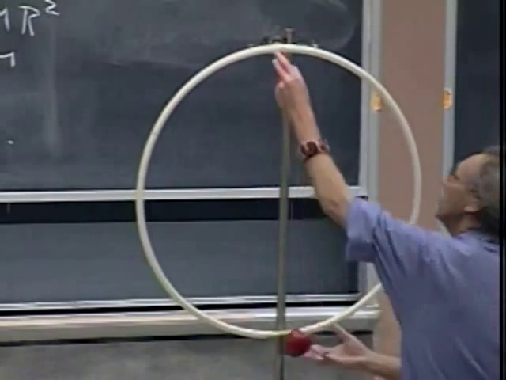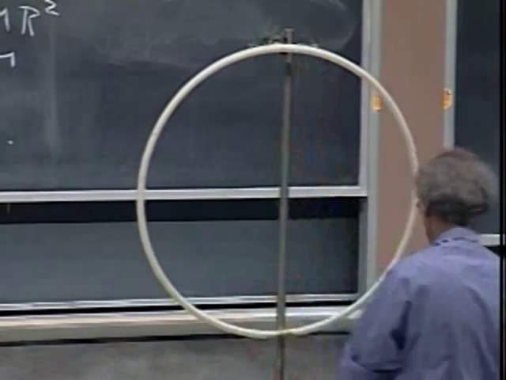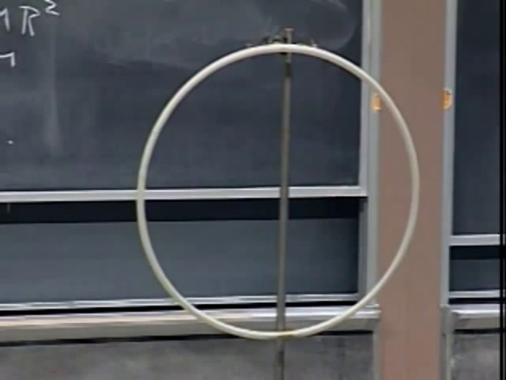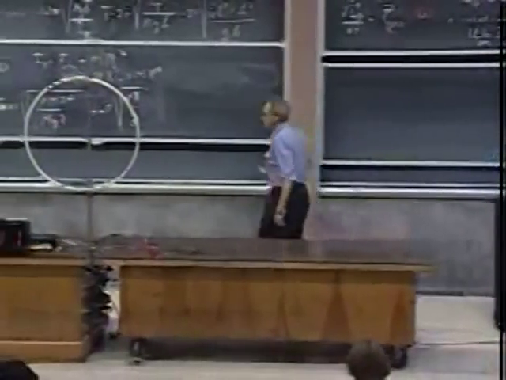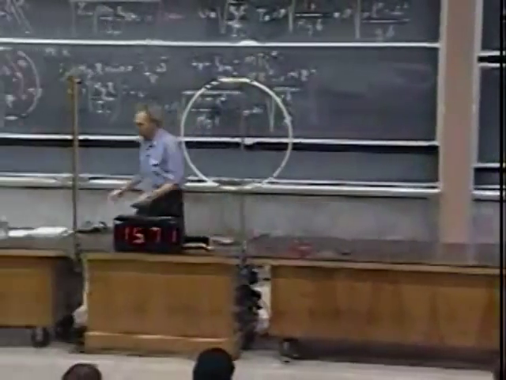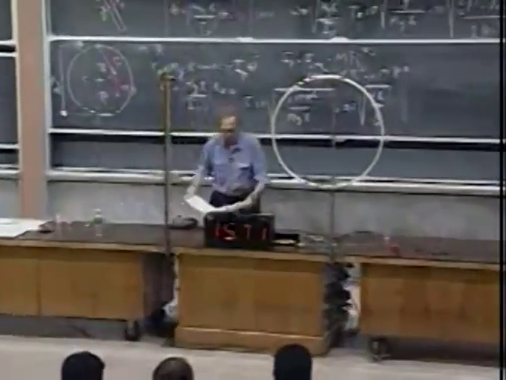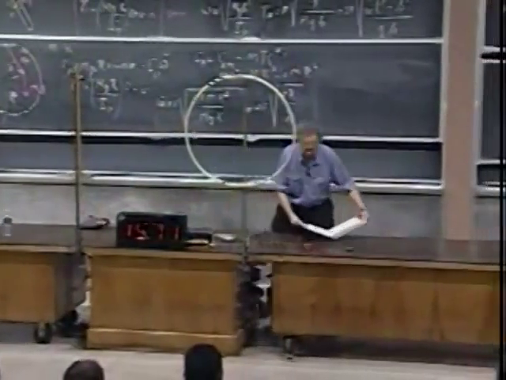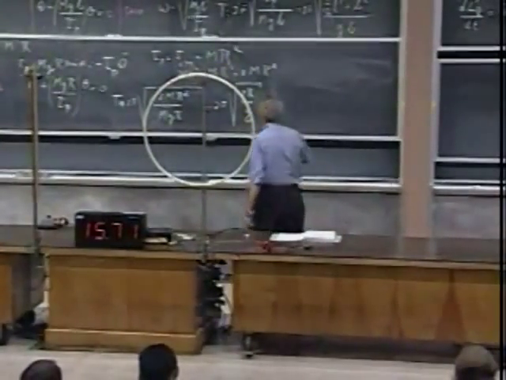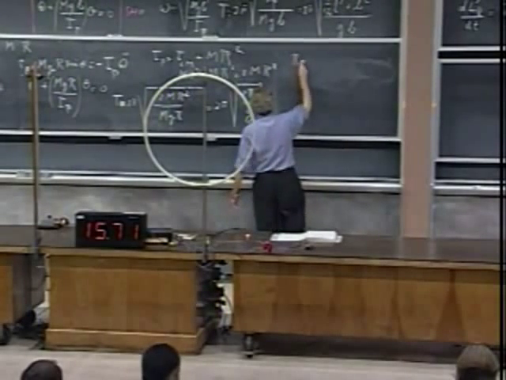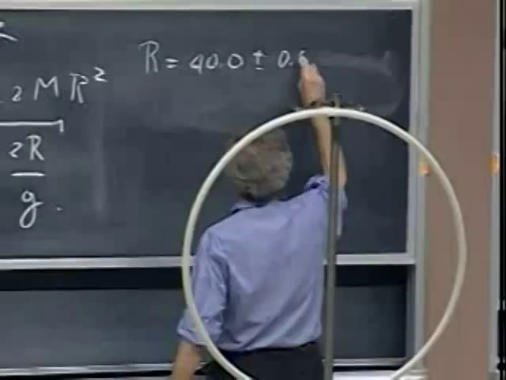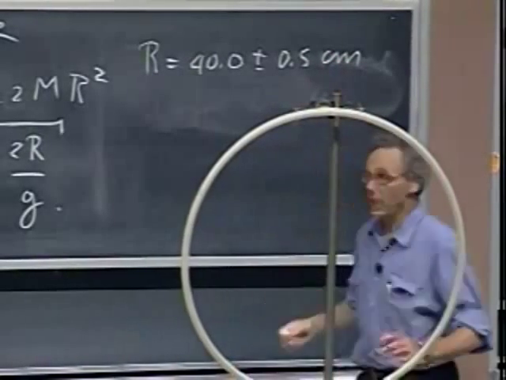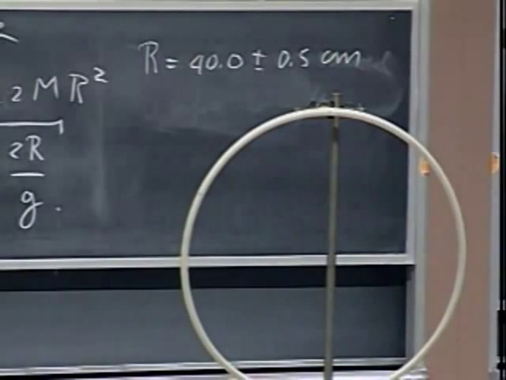I want to do a quantitative measurement, because I know the radius of this hula hoop. The radius, I think, is 40 centimeters, and we know that to an accuracy of about half a centimeter. So R is 40.0 plus or minus 0.5 centimeters. You will say, boy, can you not measure that any better?